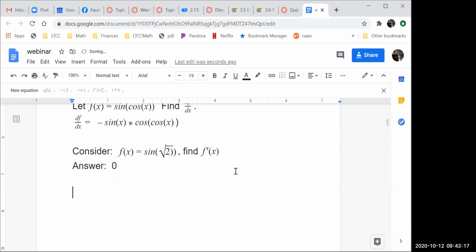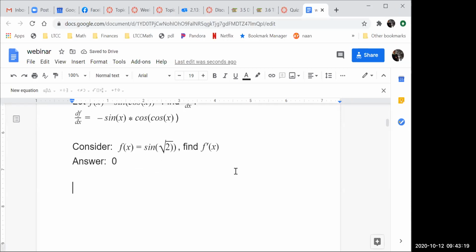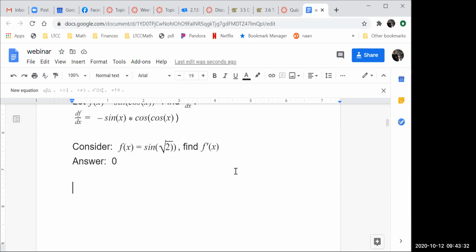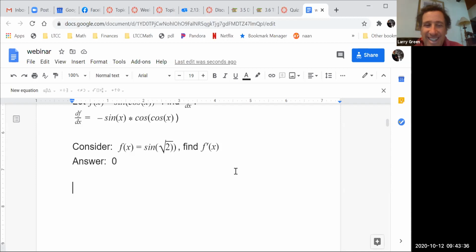Larry, aren't you finding the derivative of sine, which would then be cosine, then you multiply, or would it be cosine of 0, which is 1 though? Or am I thinking about that too quickly? Okay, so where's the x in this function? It's a trick question, but I didn't give it. There is no x, right?